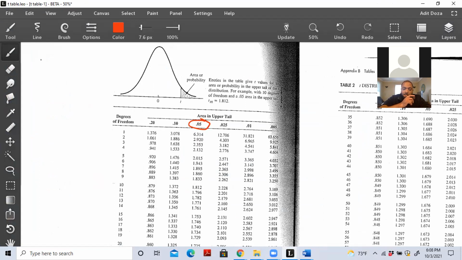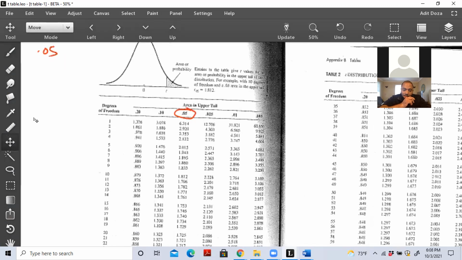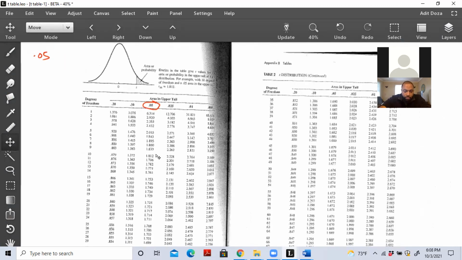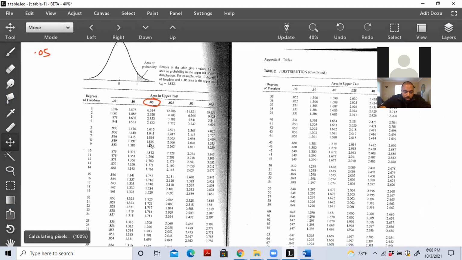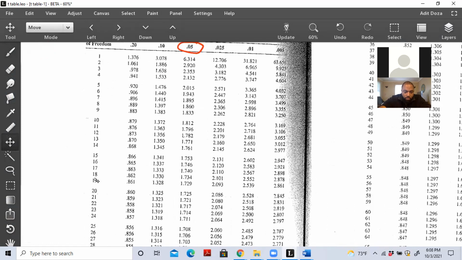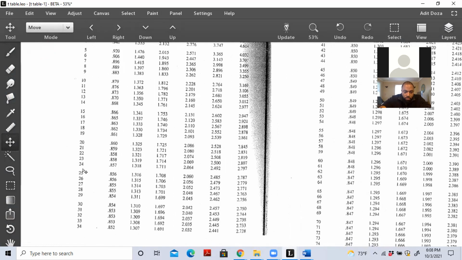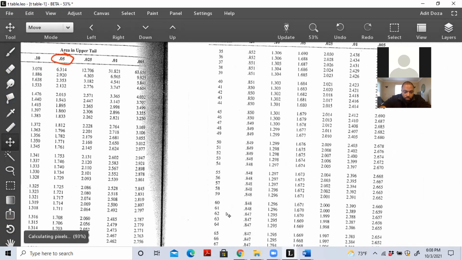Let's say the significance is 0.05. Negative 1.83, or 1.83, is around this region. The degree of freedom is 59, so it's somewhere around here.